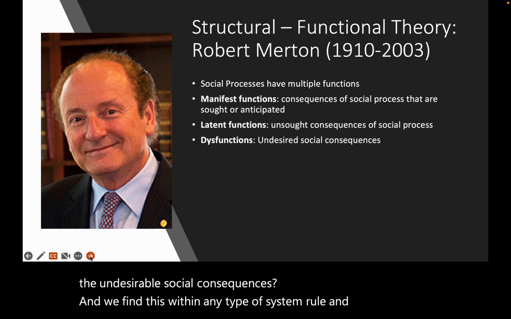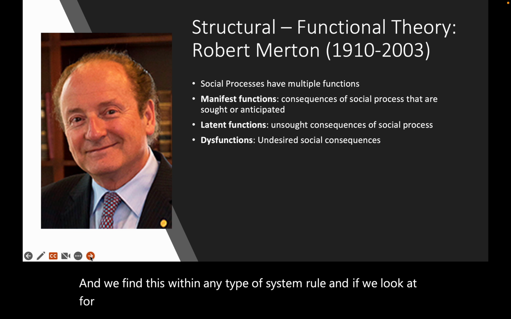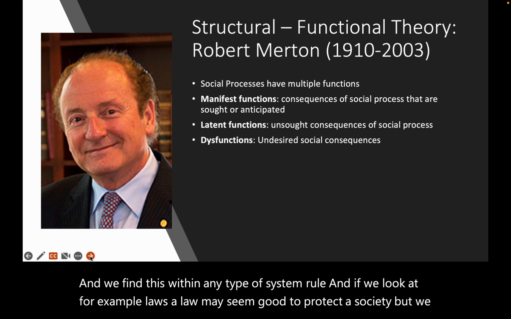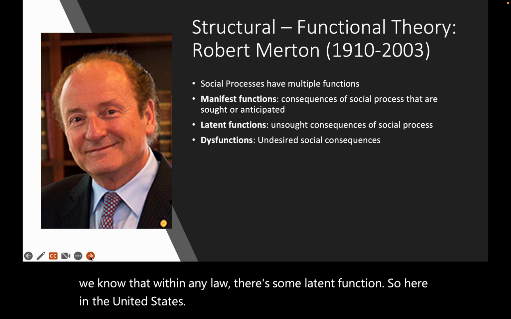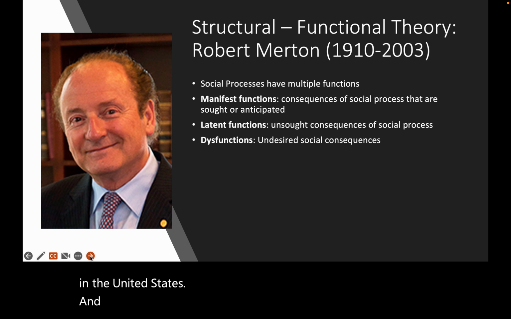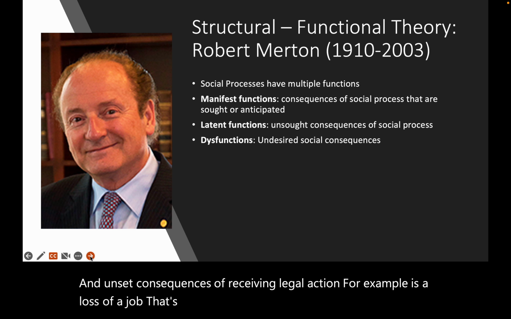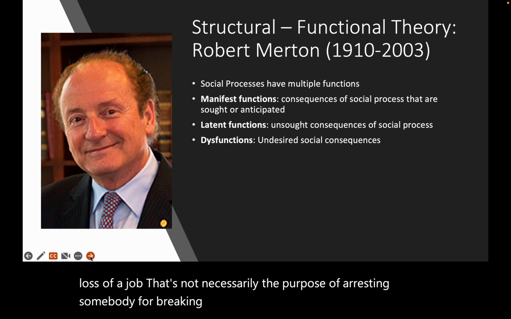And if we look at, for example, laws, a law may seem good to protect a society, but we know that within any law there's some latent function. So here in the United States, an unsought consequence of receiving legal action, for example, is a loss of a job. That's not necessarily the purpose of arresting somebody for breaking that law, but that tends to be an unsought consequence.